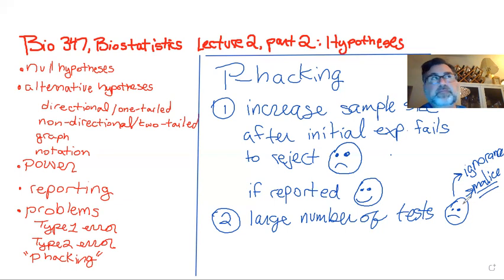If you do, say, 20 comparisons and you only report the statistically significant ones, right? It's a mustache, not a bow tie. But we can add a bow tie. Right. So if you do a whole bunch of comparisons and you don't tell anybody, that's malice. So that's bad. That's unethical.